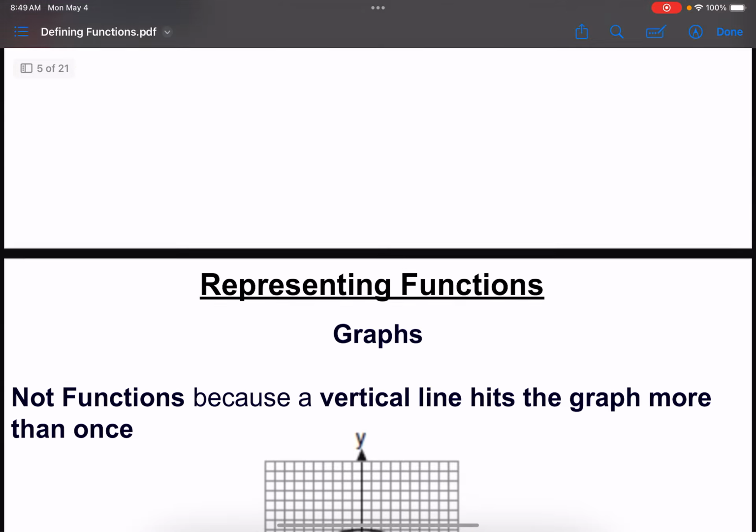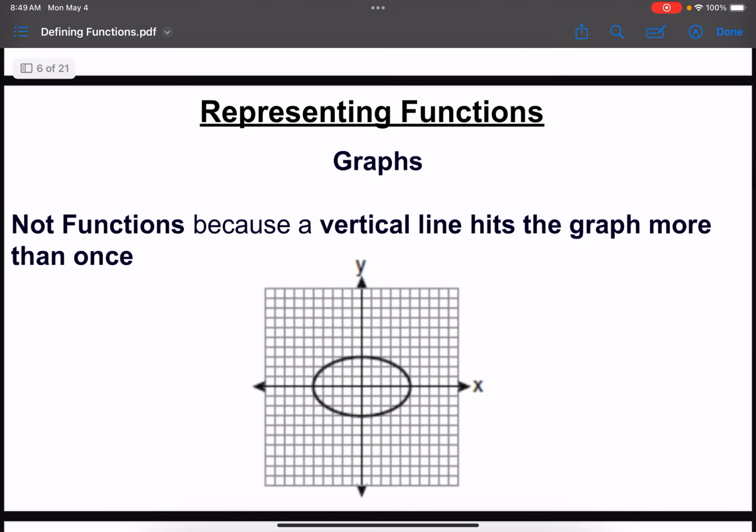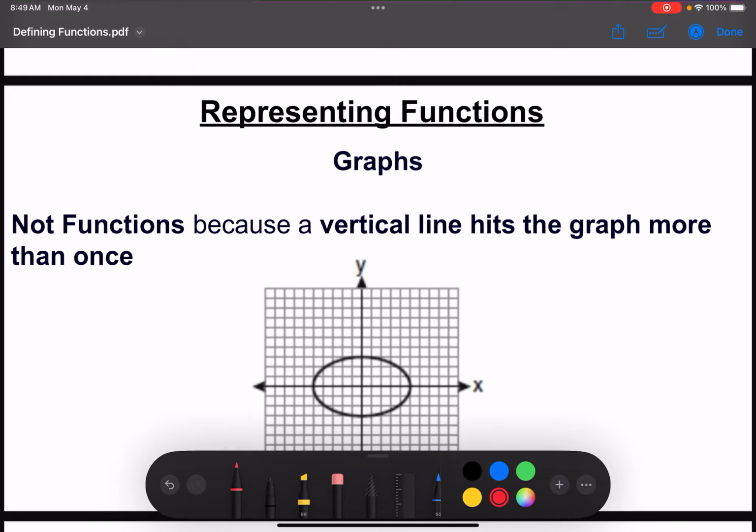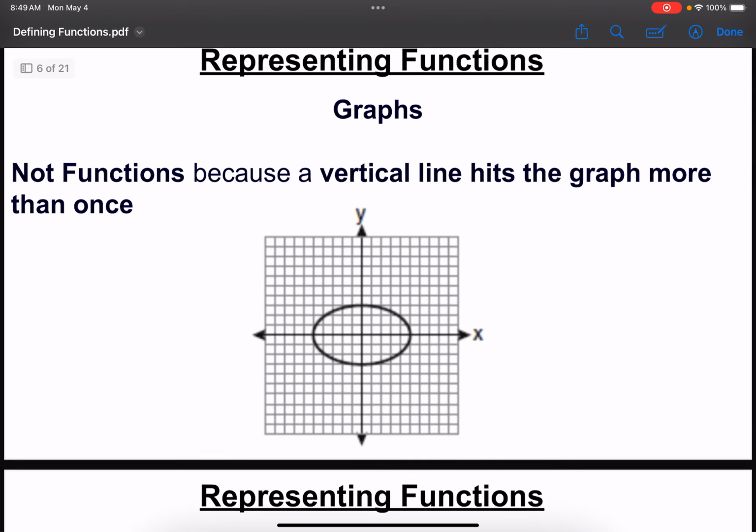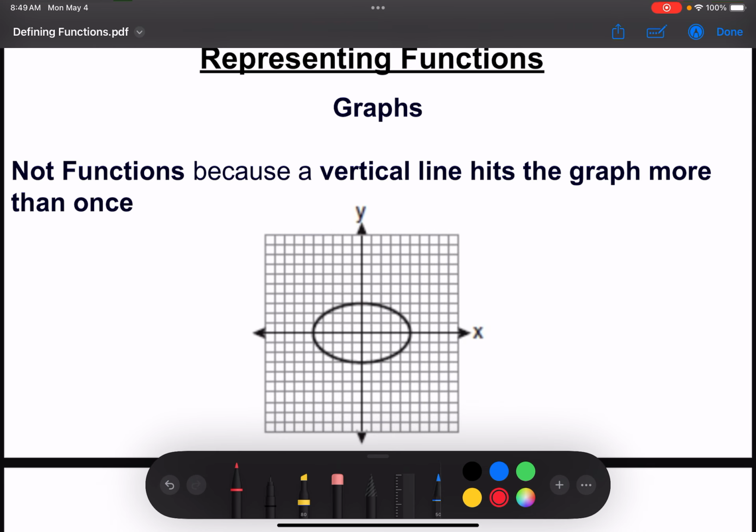And these are also in your interactive notebook. So this first graph here is not a function, because if I was to draw a vertical line this way, it hits the graph twice. So in this case, this circle kind of looking graph is not a function because it hits the graph more than once.